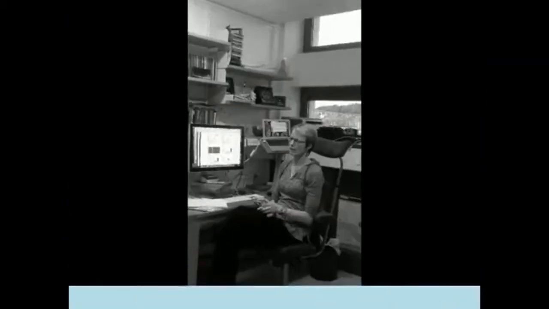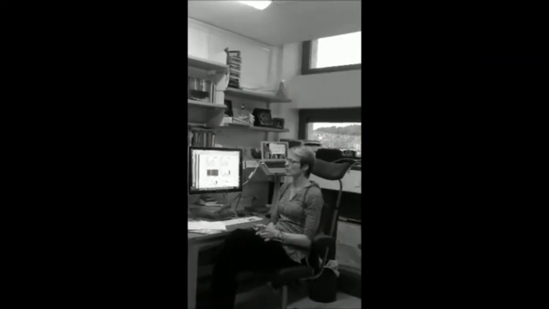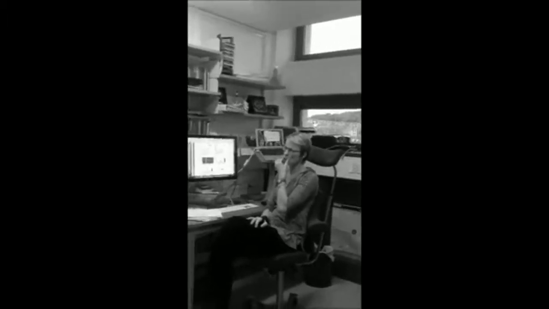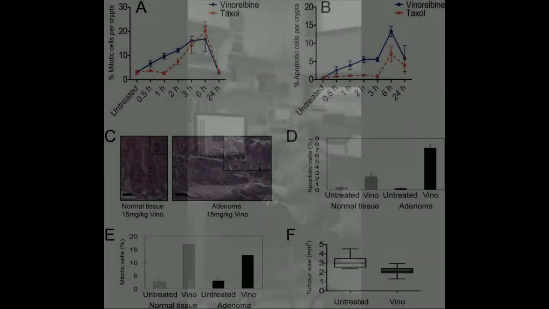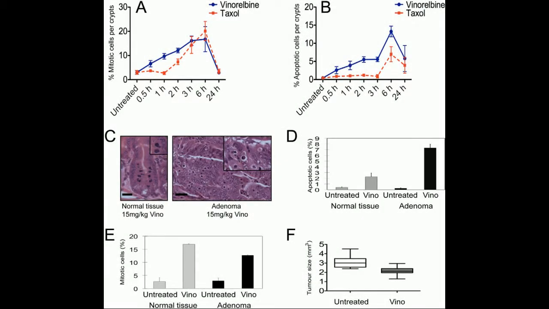So using vinorelbine is potentially a good therapeutic for this disease. Lots of horrible side effects. It hasn't been used in colon cancer, and it hasn't really been shown to be that effective in mouse. It works quite well. We do show the data that when we treat mice that are prone to get cancer with vinorelbine, more cells are dying and the tumors are smaller.